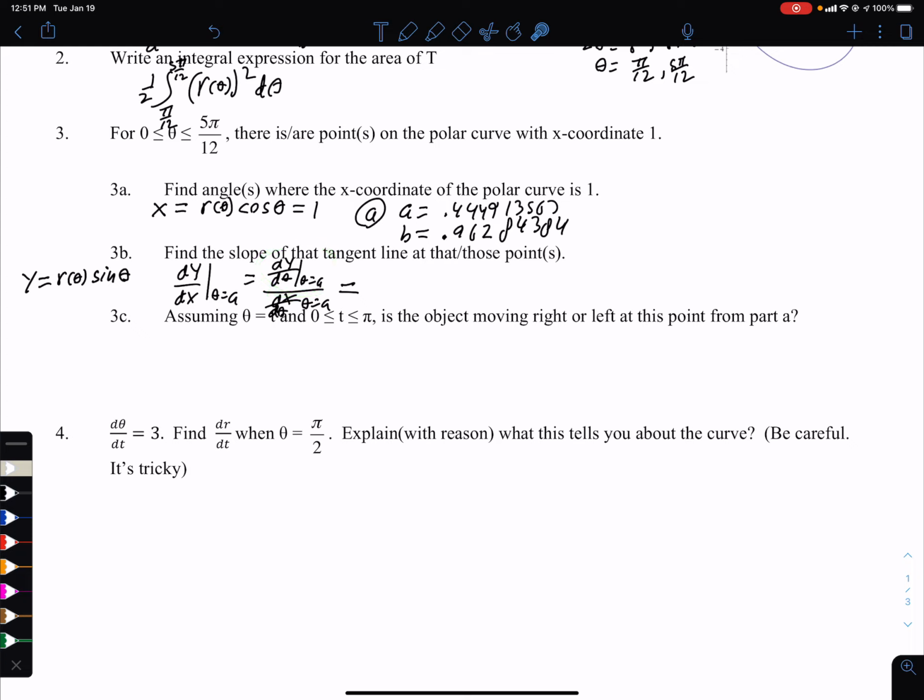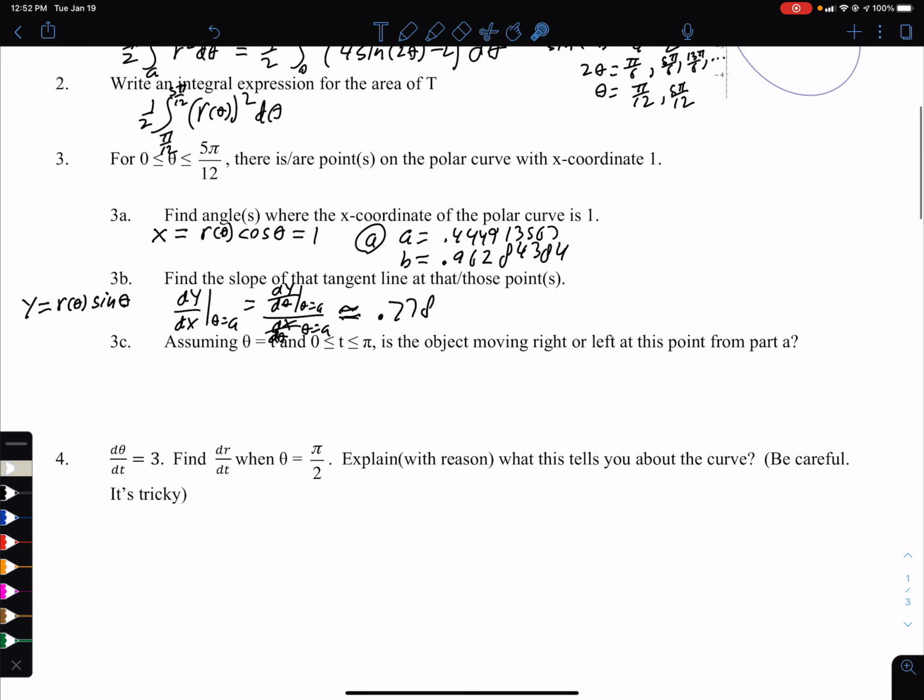Okay? So at A, the first point, 0.44491 and so on, it comes out to be about 0.778. And that's rounded off or truncated. Now, I need the other point, point B. So I'm going to do the same thing. dy/dx at theta equals b, which is dy/d theta at theta equals b over dx/d theta at theta equals b.